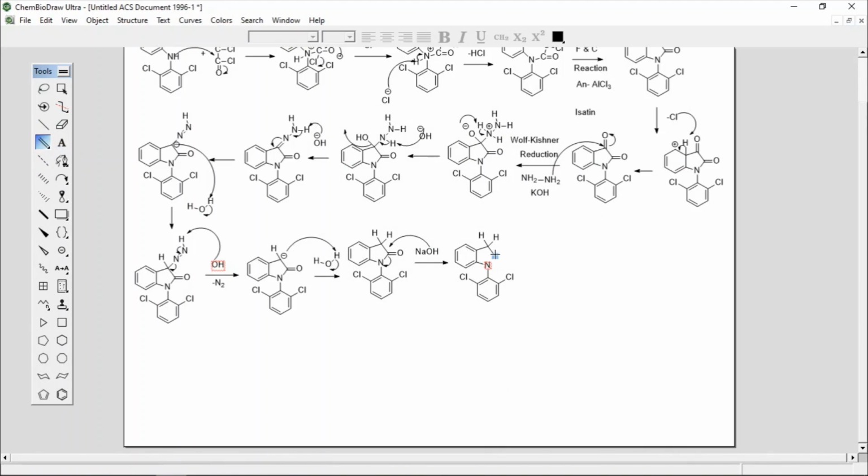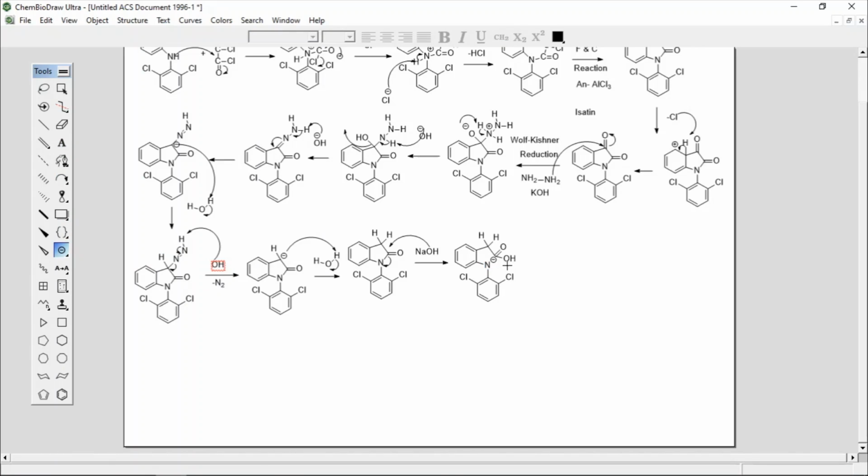So your C double bond O, OH group. Now the next step, now the nitrogen has a negative charge.